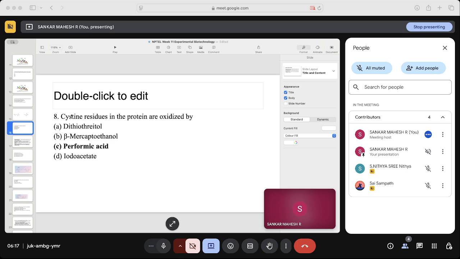The next question is cysteine. Okay. This is slightly different. Cysteine residues in protein are oxidized by dash. Wait, I don't know if they're asking about cysteine or cystine, but yeah, let me check.